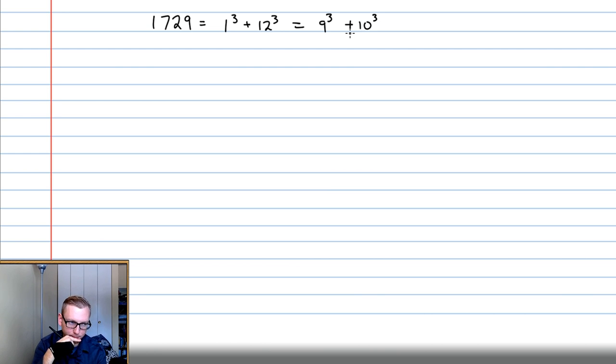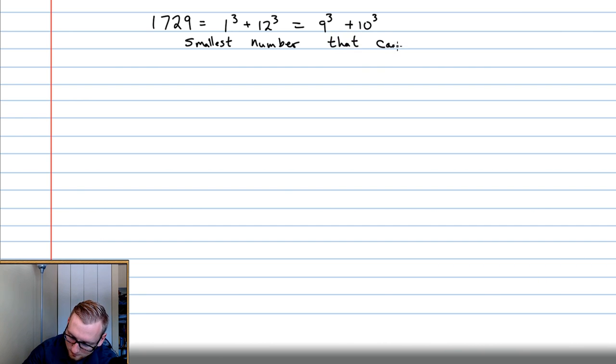It's an interesting number. Apparently, it is also the smallest positive number that can be represented by the sum of two cubes in two different ways.